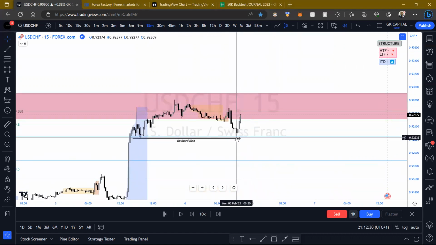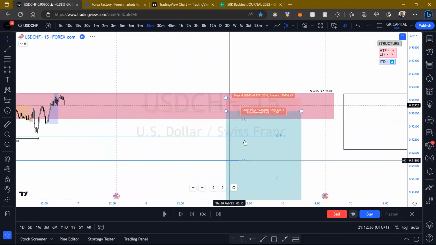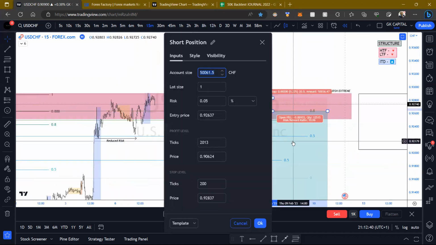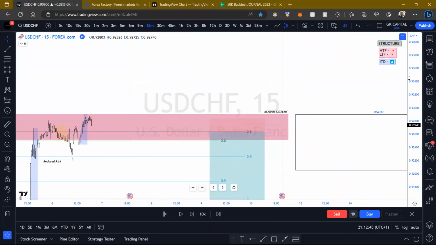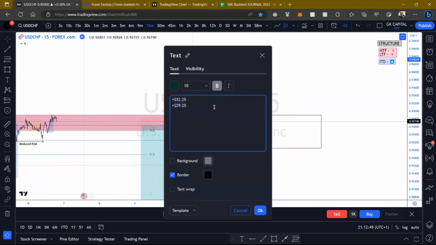But I didn't. I don't have my reduced risk, and I don't have a shakeout, so I need to wait. And yeah, that is stopped. That's gone. Okay, so we are down in this one, $25.